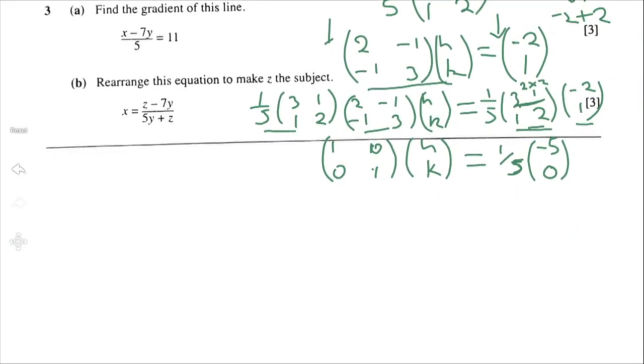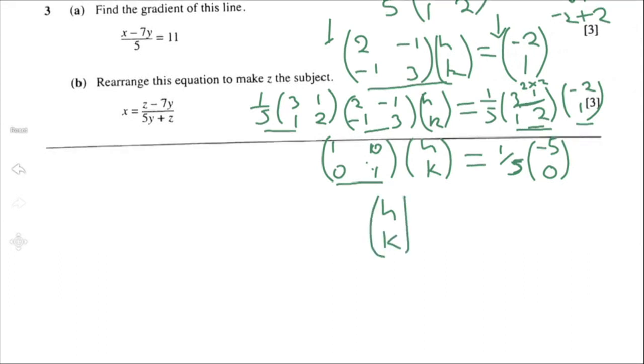Now, if you do the multiplication this side, it's 1 times h, which is h, 0 times k, that's 0. So h plus 0 gives h. Similarly, multiplying this row with the column, it's 0 times h, which is 0, plus 1 times k, which is k. Then k plus 0 gives k.